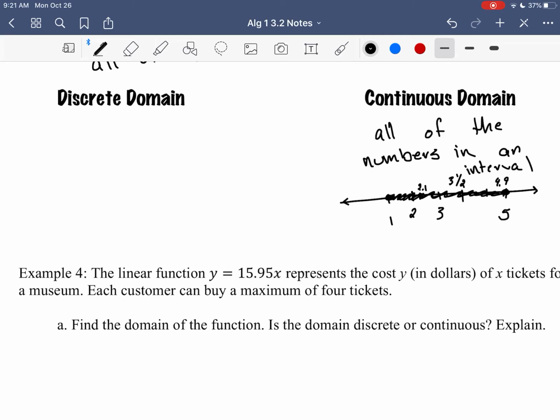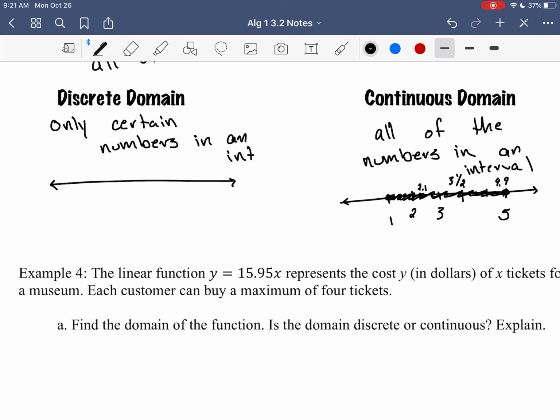Whereas a discrete domain is only certain numbers in an interval, or only certain numbers in general. For example, a discrete domain between 1 and 5 would just be the numbers 1, 2, 3, 4, and 5. If you notice, none of the in-between numbers are shaded.